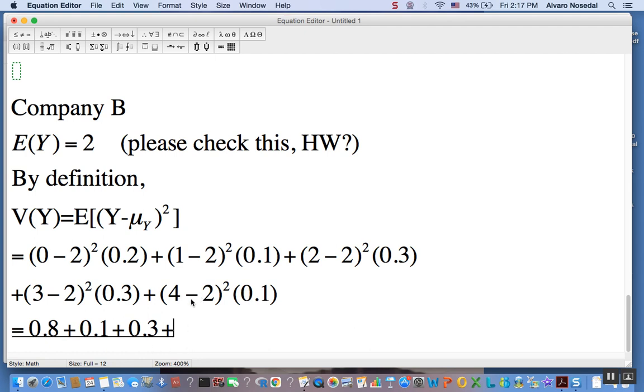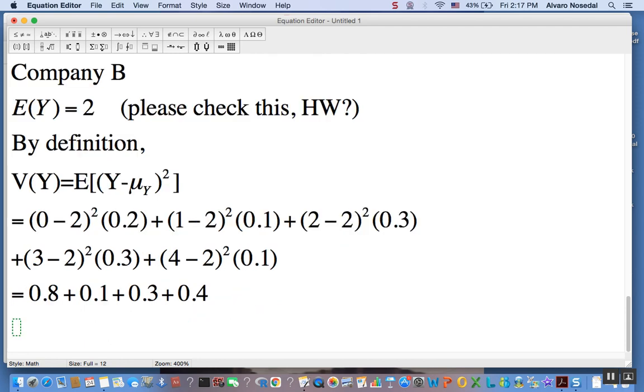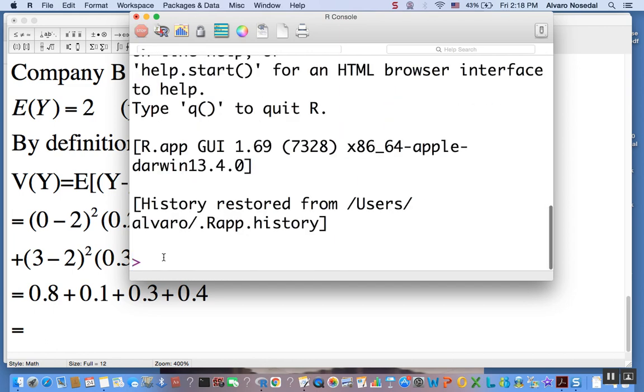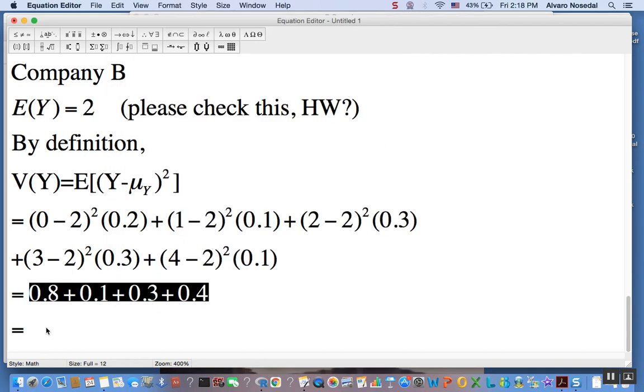And then 4 minus 2, that's 2, 2 squared, 4 times 0.1, 0.4. Let's use R: 0.8 plus 0.1 plus 0.3 plus 0.4. There we are, 1.6.